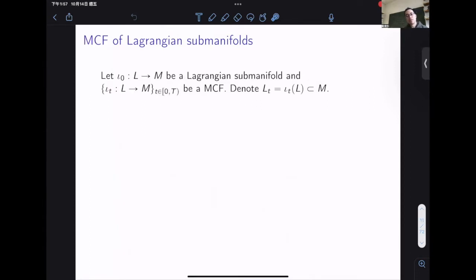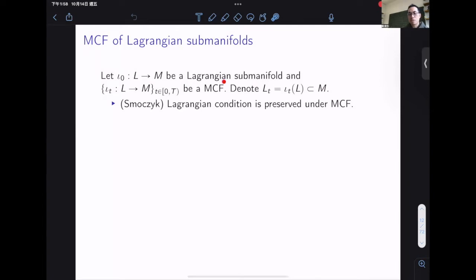Okay, now it makes sense to consider the mean curvature flow of Lagrangian submanifolds. So let's start with Lagrangian submanifolds and consider the mean curvature flow starting from this initial data iota_0. A small trick shows that if the initial data is Lagrangian, then as long as the flow exists, the submanifold is still Lagrangian. So this justifies the name Lagrangian mean curvature flow in the title of this talk.